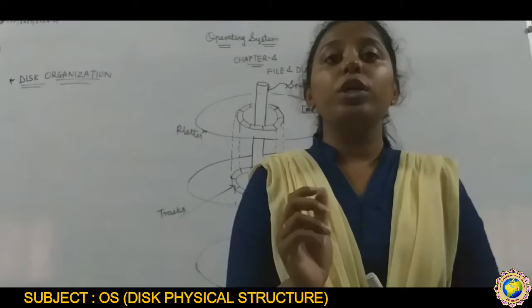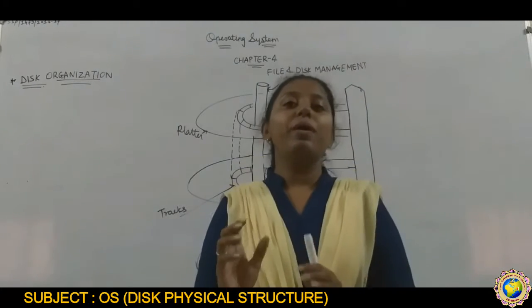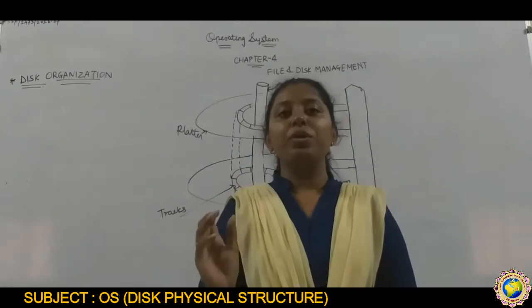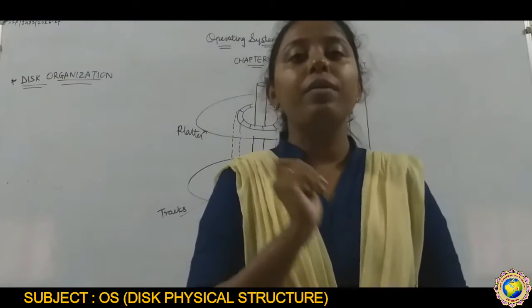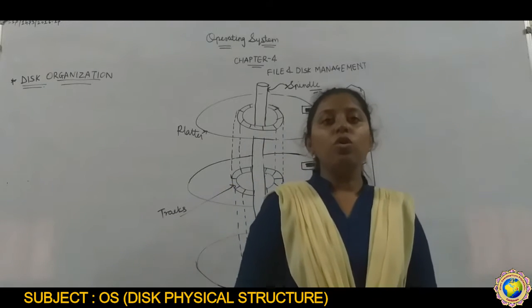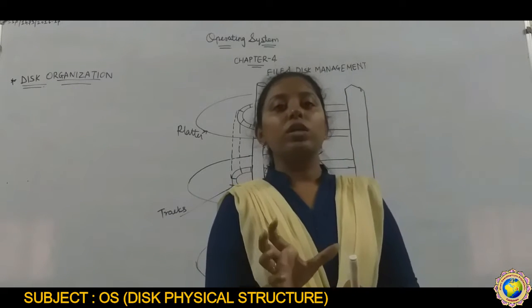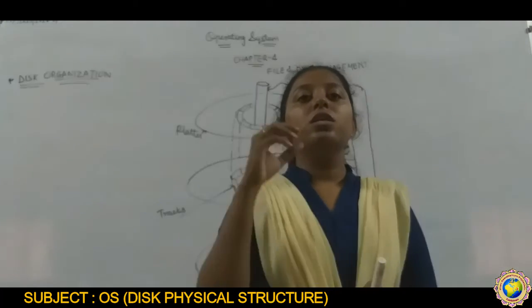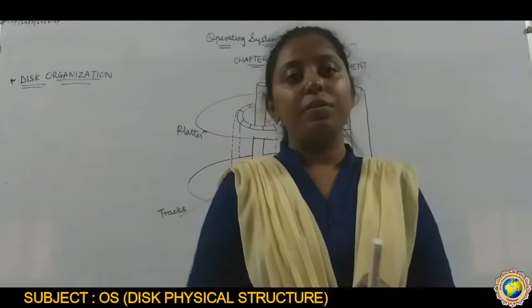Whenever you discuss non-volatile memory, that is the hard disk. And volatile memory is the RAM, random access memory. So hard disk is nothing but the storage that stores the data permanently.